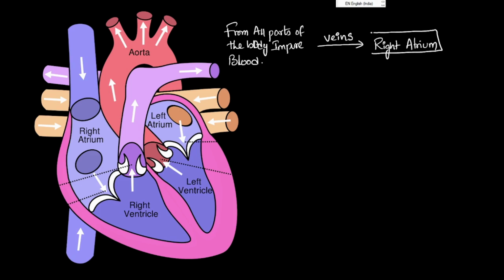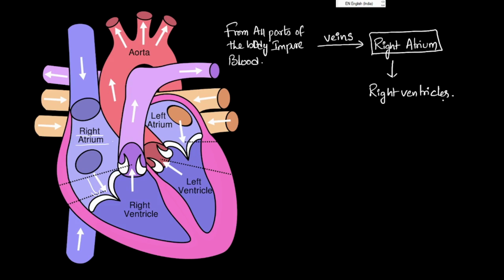So this is the right atrium. Now from the right atrium, blood will be pumped into the right ventricle, students.